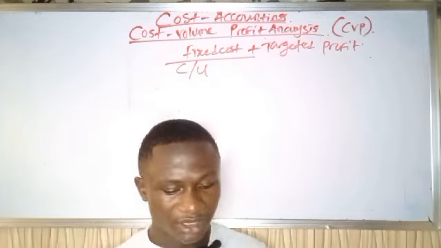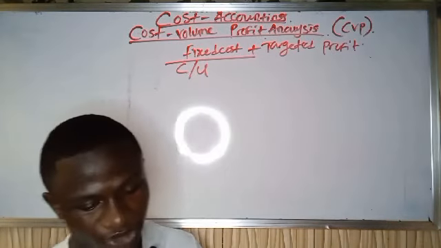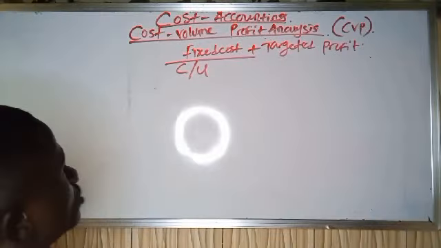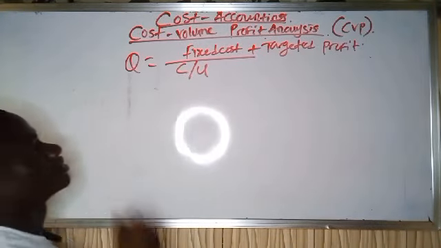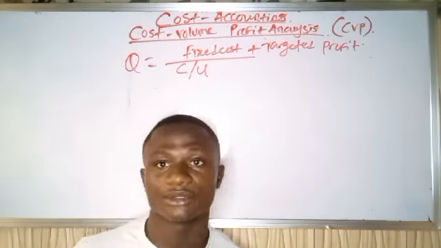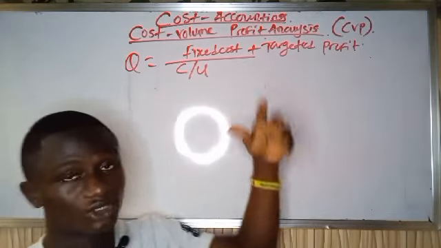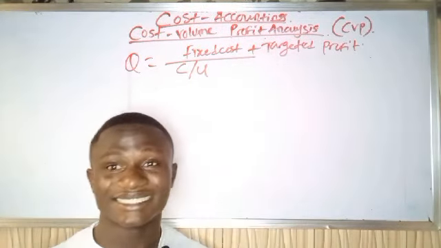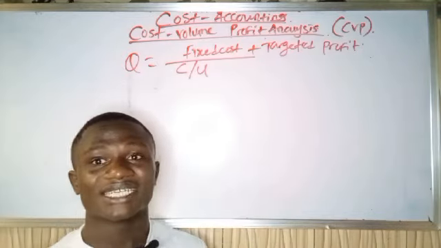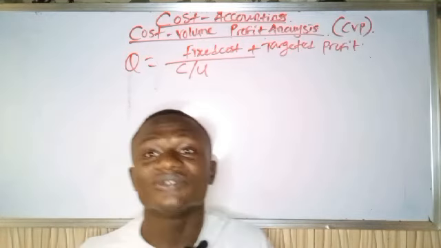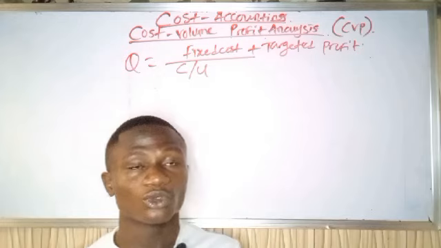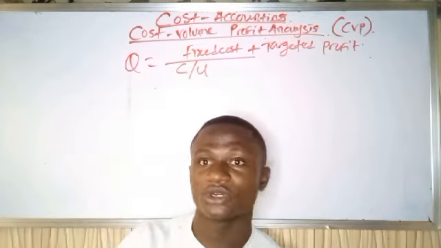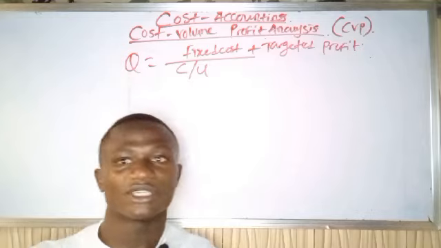Another formula we are going to establish here is targeted profit in value. If you do this, you get the quantity that will give you your targeted profit. So it's just the normal formula for break even, but now you're adding your targeted profit. And the idea for this formula is just to increase your fixed cost by your targeted profit. So if you want to make 200,000, increase your fixed cost by it, so that the quantity you will produce will cover your fixed cost and at the same time cover your targeted profit.